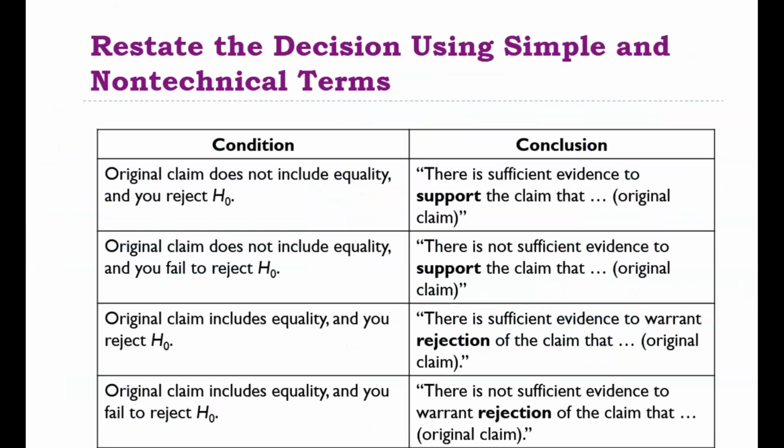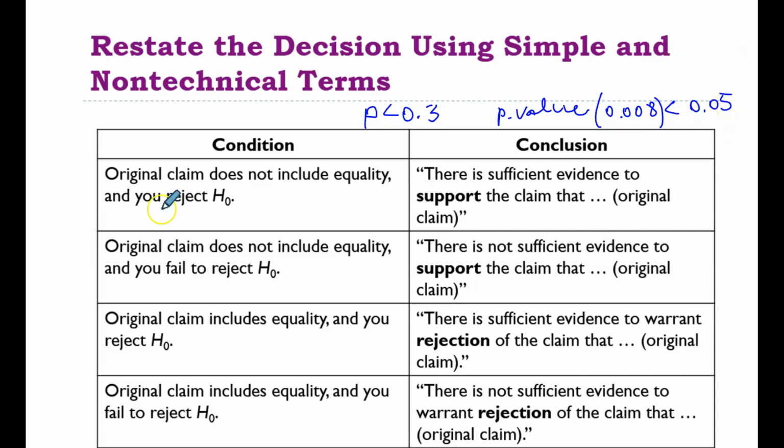Reject null hypothesis. To restate the decision in simple, non-technical terms, we use this table to help us. The condition was the original claim did not have the equality. Remember, our original claim was that p is less than 0.3. Therefore, original claim does not have equality, and what did we do? Well, the p-value of 0.008 was less than alpha, was less than 5%.